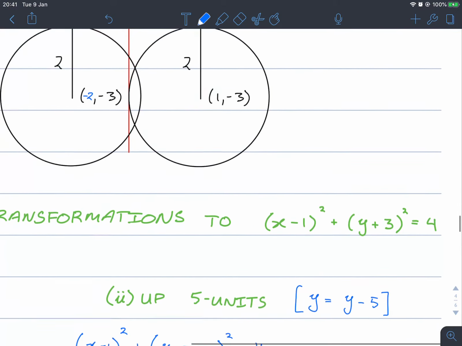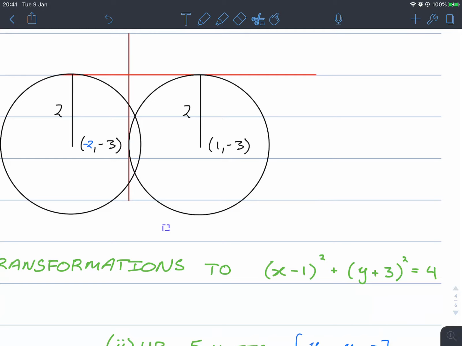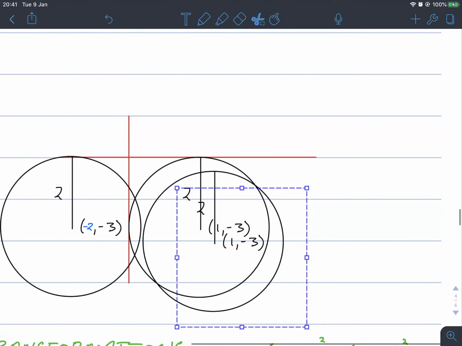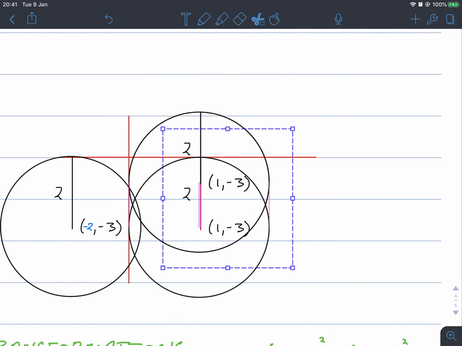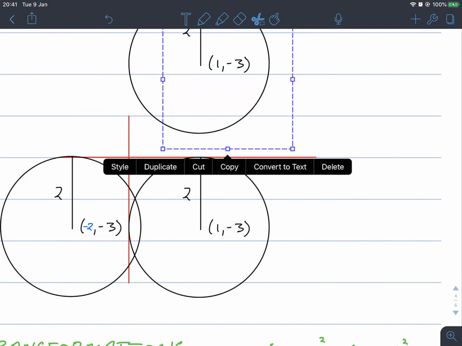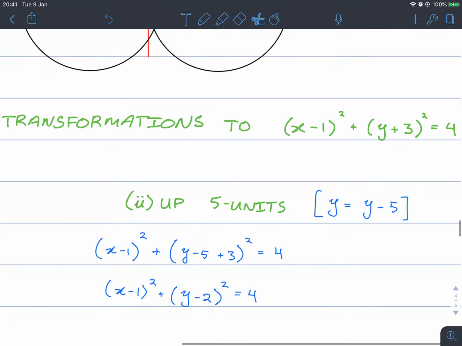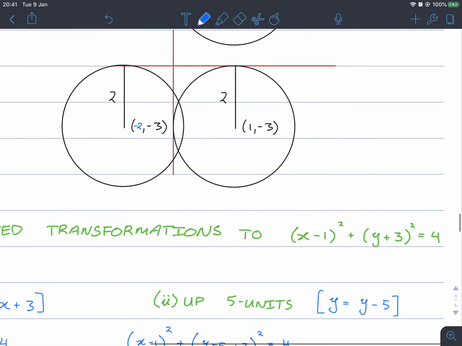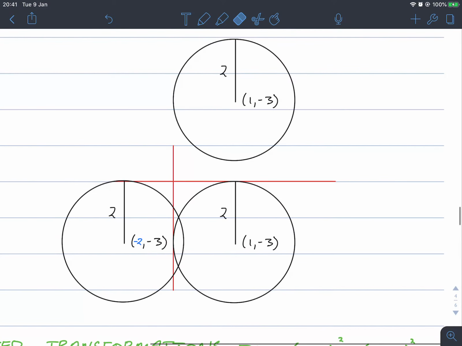So now what this would look like is the following. You would have moved 5 units up, and its new center is now at 1, 2.